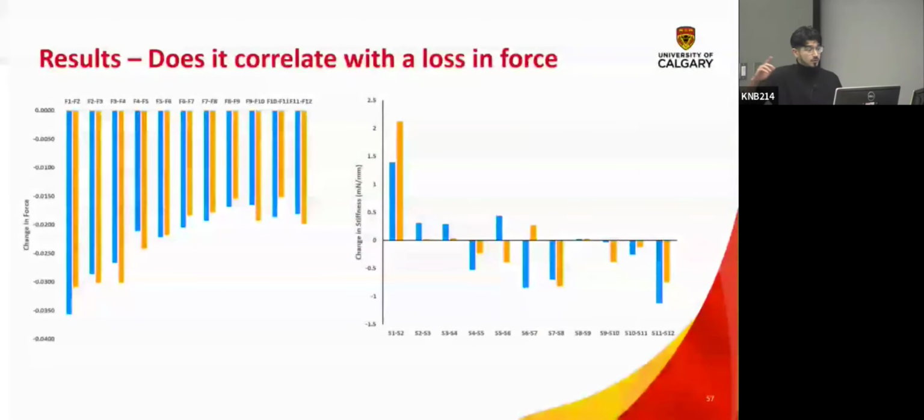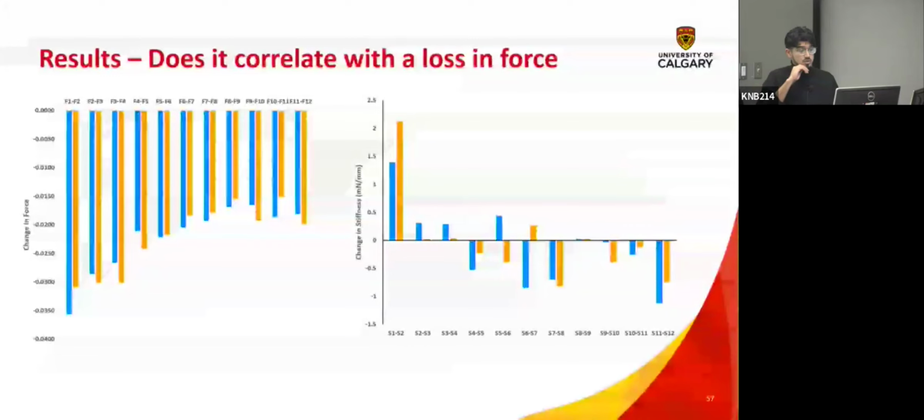And on the right-hand side, you have the changes in stiffness. The one thing that I would be able to say from this is that there's no clear correlation between the two, while there's a very clear consistent decrease happening within the force over time, although the magnitude of that decrease is tapering off and reducing over time.